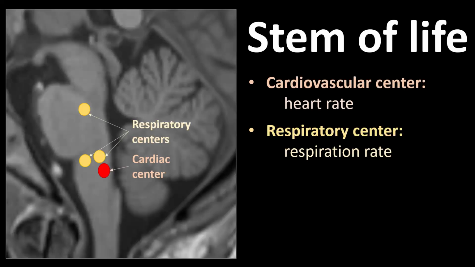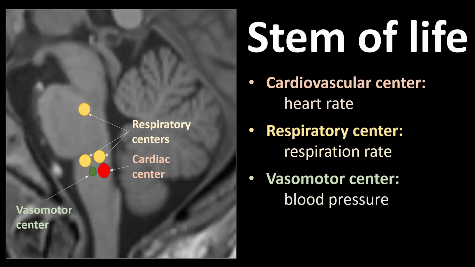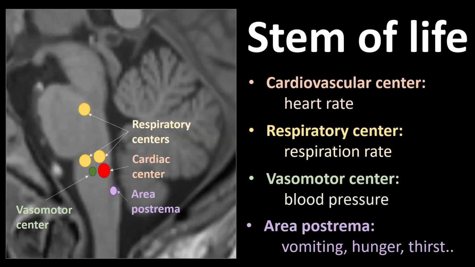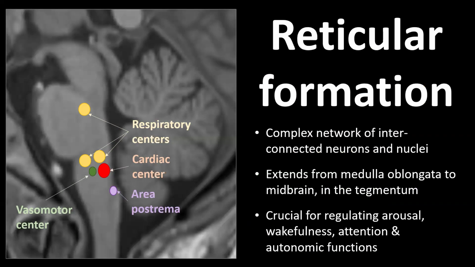We have three respiratory centers, two in the medulla oblongata and one in the pons, which regulate our respiration rate. We have a vasomotor center, which regulates blood pressure, and we have the area postrema, which is responsible for the regulation of hunger, thirst, which is the vomiting center of the brain, and several similar functions. And as you notice, most of these are, as said, found in the lower medulla oblongata.